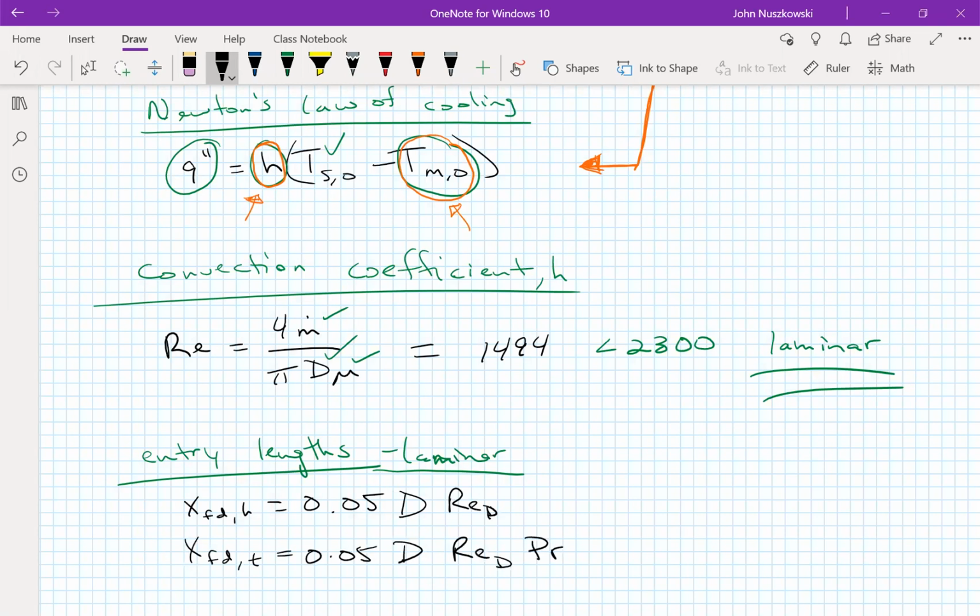And if we solve these, we get 0.74 meters and 0.51 meters.